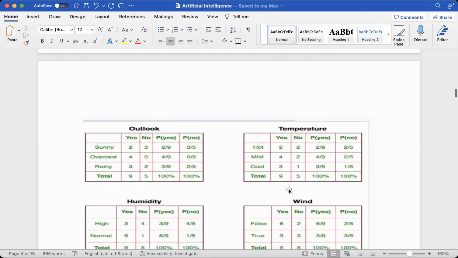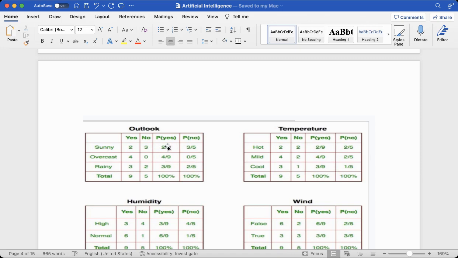So when we put the value, it comes like total sunny in the case of yes is 2, and total sunny, we know the total sunny is 2, divided by total yes.